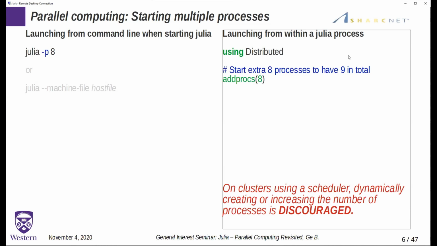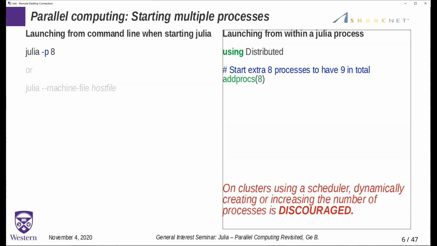The other way to run Julia on multiple cores is you start Julia without the option, and then inside Julia, you use the command addprocs, and in the brackets you put the number of cores or number of processes you want. For example, here you put 8.